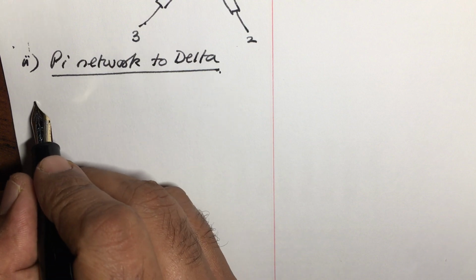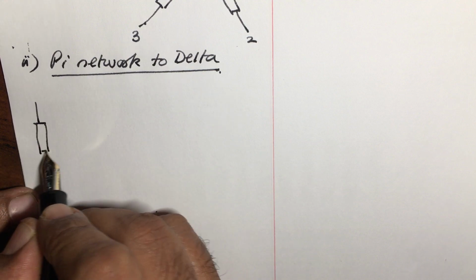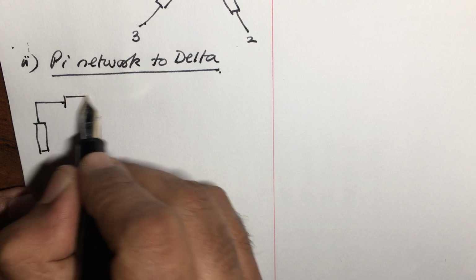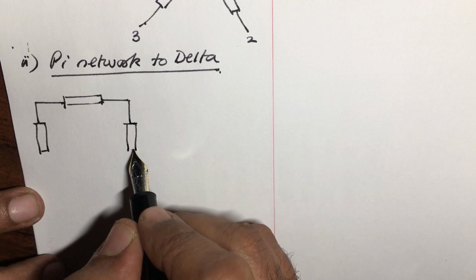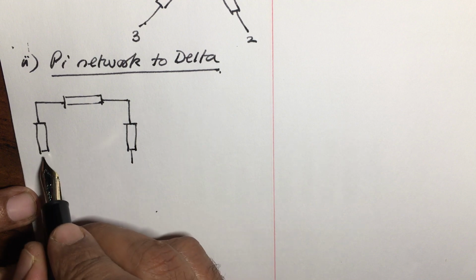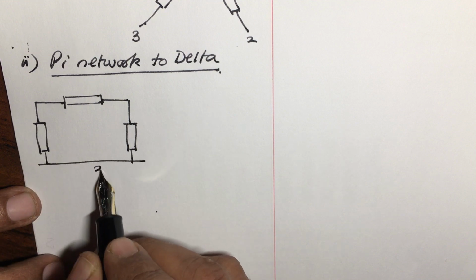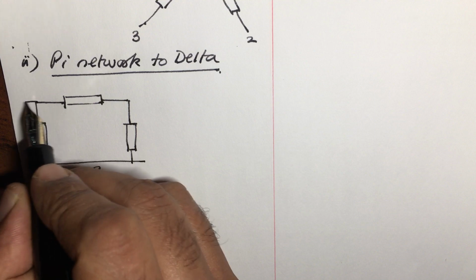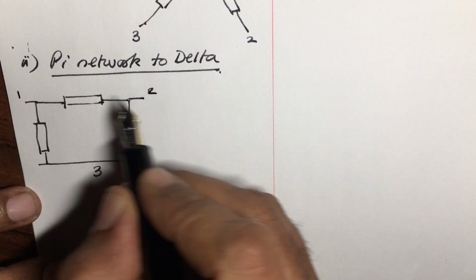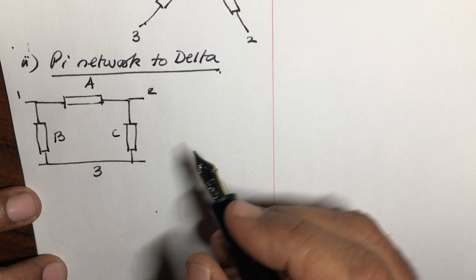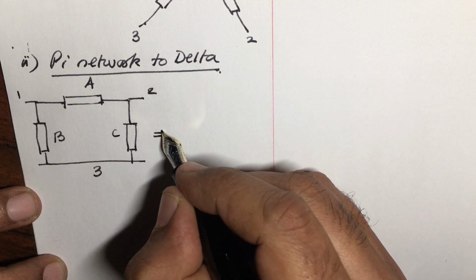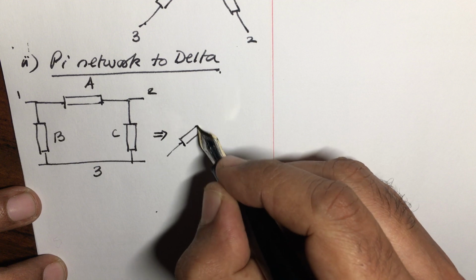If you have a system like this, that is 1, this is 2, this is A, this is B, this is C. If you convert it to a delta network, it would be like this.